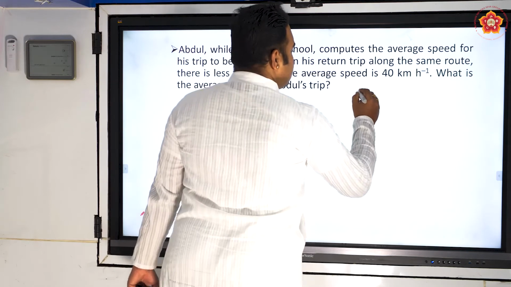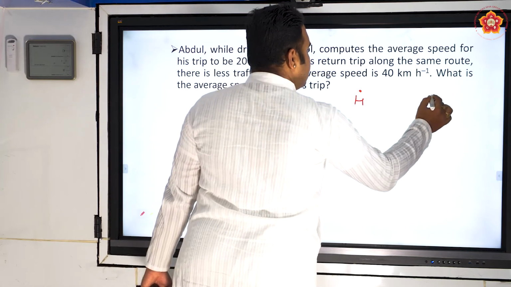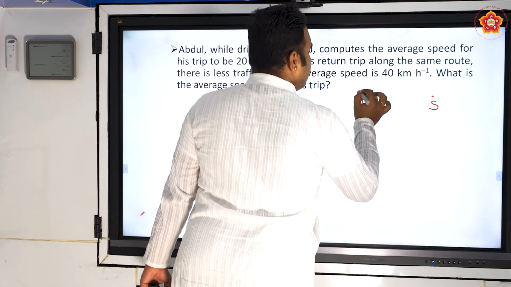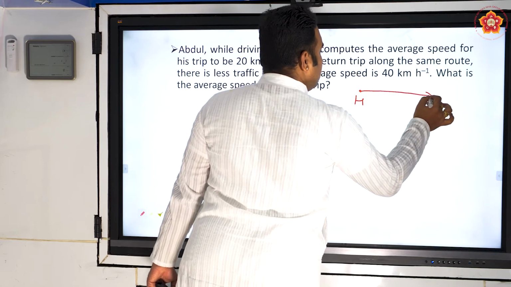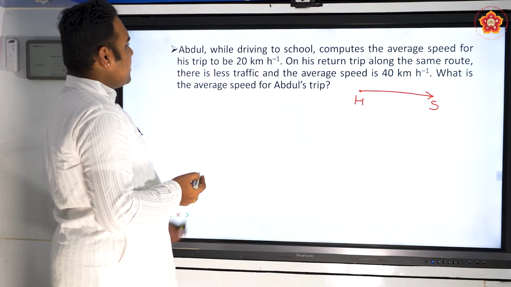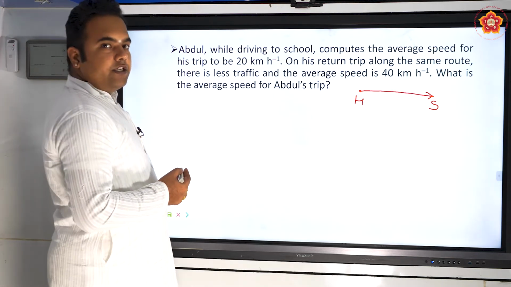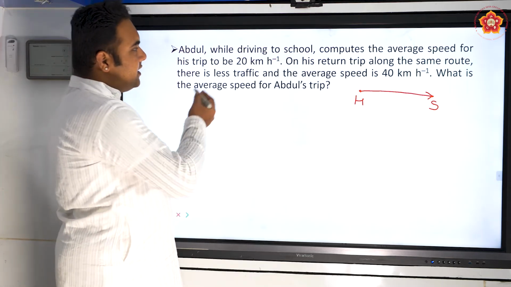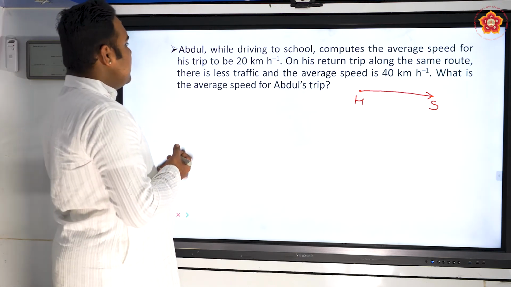So this is his home and this is his school. He is going from home to school, and he calculates that the average speed is 20 kilometers per hour in the initial direction.